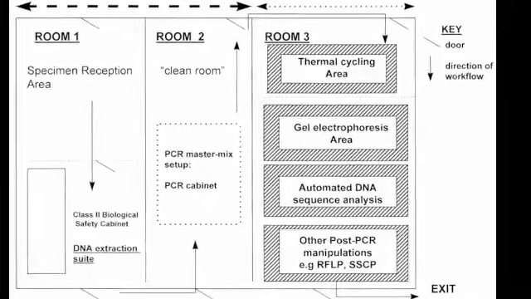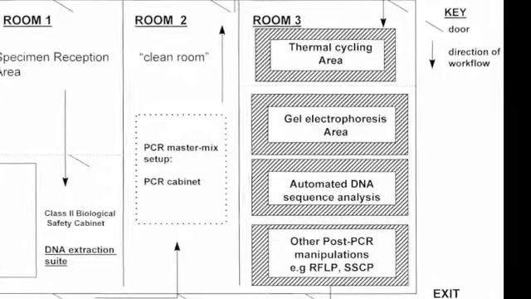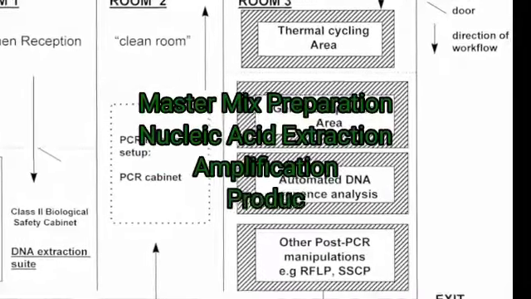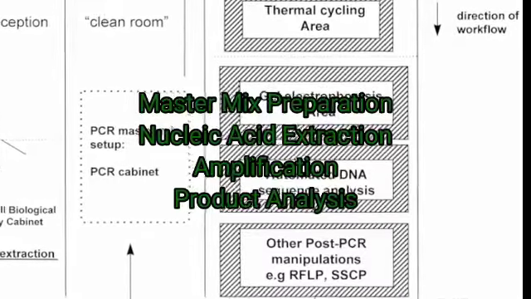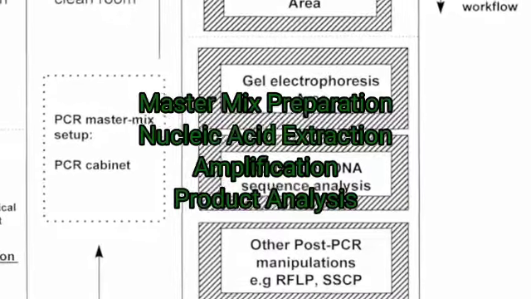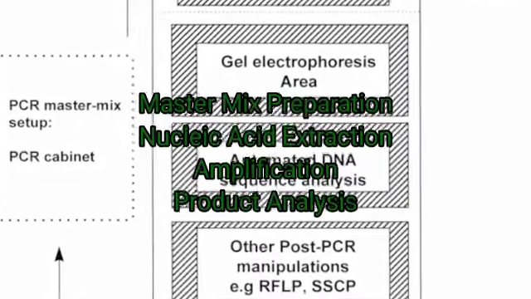We should have separate designated rooms, or at minimum physically separate areas, for master mix preparation, nucleic acid extraction, and DNA template addition, amplification and handling of amplified product, and product analysis, for example gel electrophoresis.